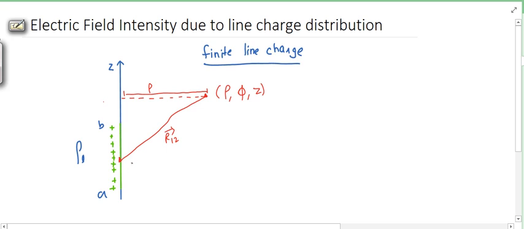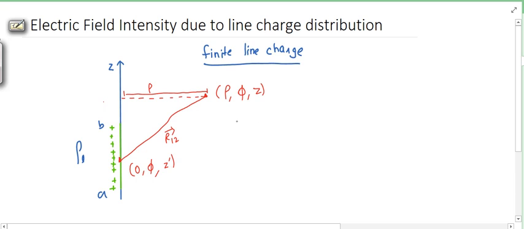The value of rho for this will be 0 because it is on the z axis, and phi will remain the same because it will be in the same direction. Suppose this distance is z dash, as I am considering the field point as z.